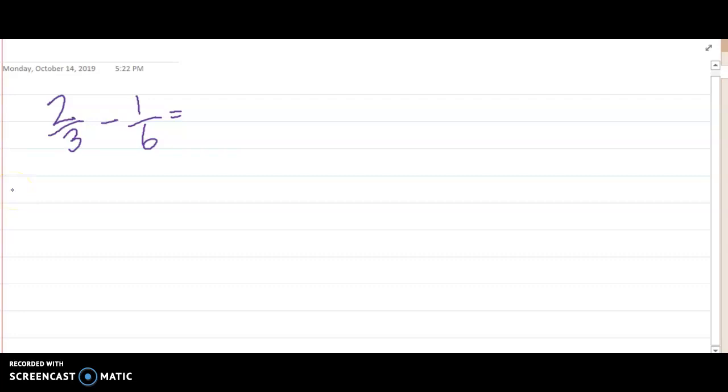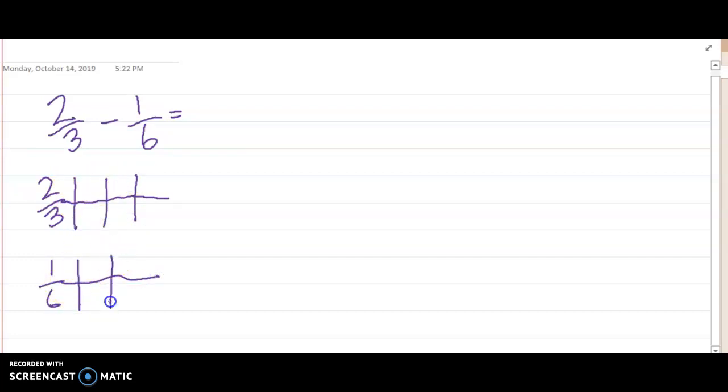So again, we're going to do this using an EFT, equivalent fraction table. So I write them both below, and I'm going to stretch them out with a table. Usually remember about 3 spaces, 1, 2, 3.